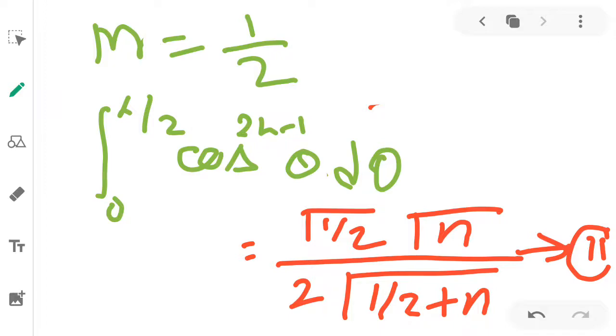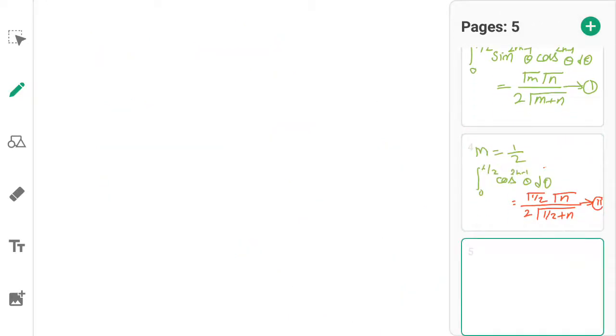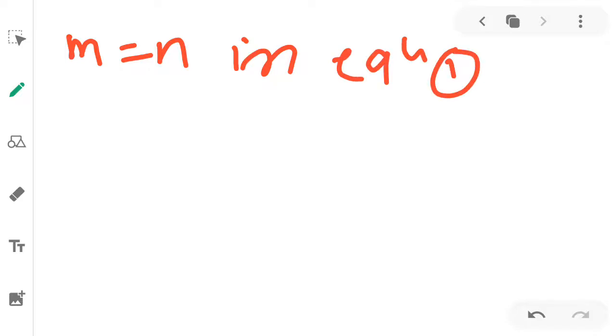Okay, now what is the next step? In the next step we will put m is equal to n in equation 1. What do we get?